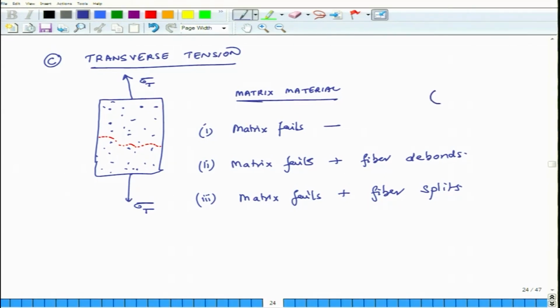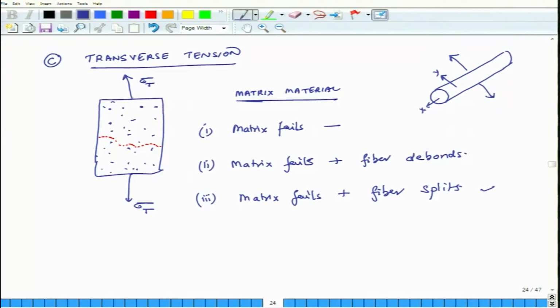So, suppose you have a fiber here, when I am applying sigma t, this is the direction in which the stress is acting, and this fiber will have strength in the length direction. So, let us call this x, and in the other direction let us call this y. If the strength of this fiber is not that high in the y direction, then it could split and this third scenario could happen.